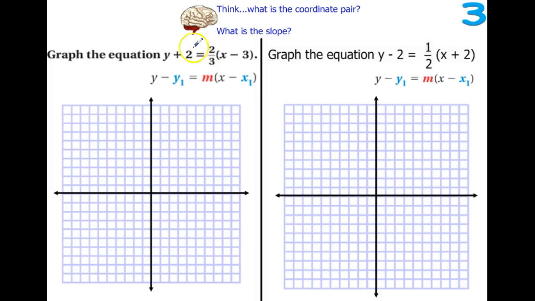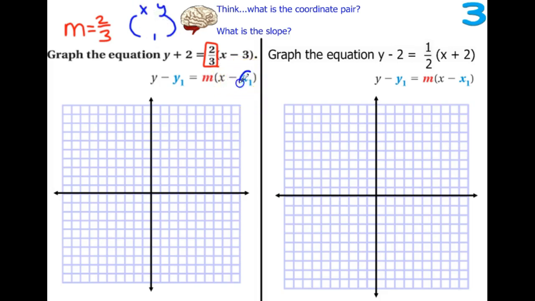On slide 3 it says graph this equation. Well, instead of solving for y to graph y equals mx plus b, we can find our slope right from our equation. Our slope is right here in front of the parentheses, 2/3. And our point, oops, not b, our point is x and then y.